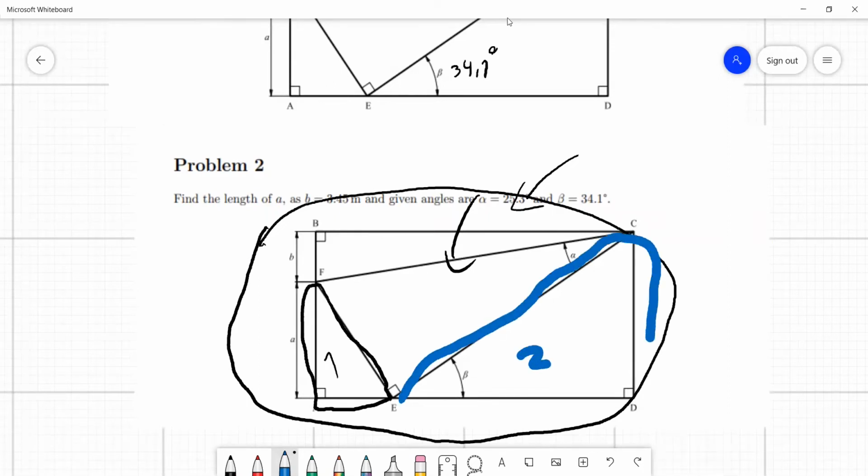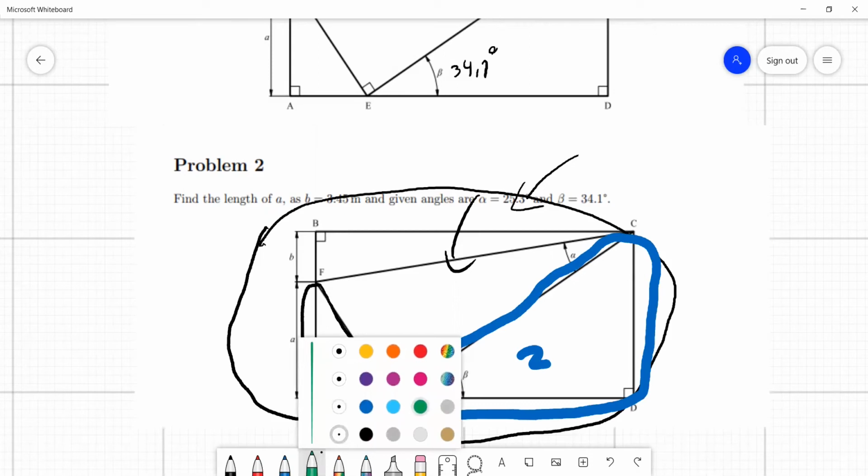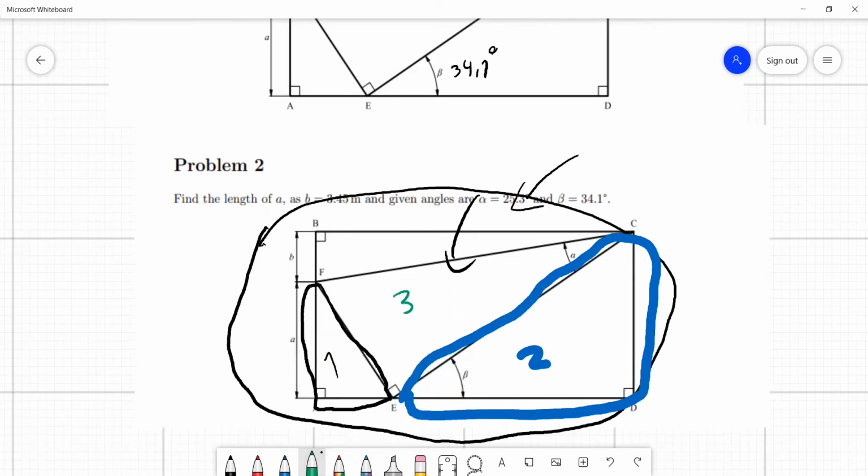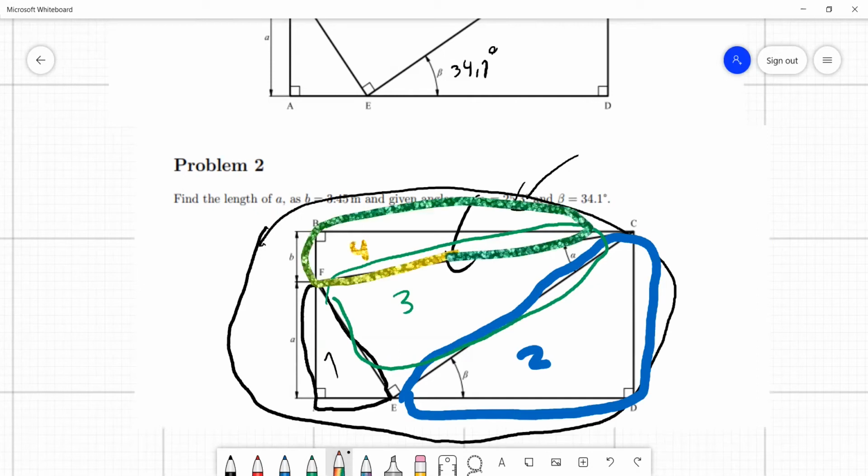And then triangle number three would be the one in the middle. And then triangle number four would be the one on top, which is over here. Okay, very messy.